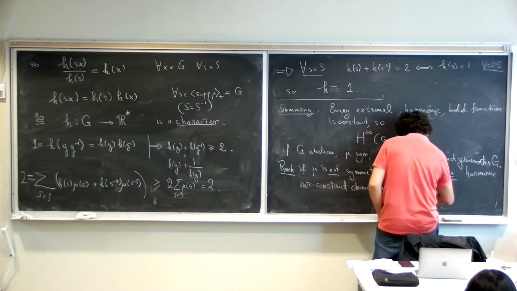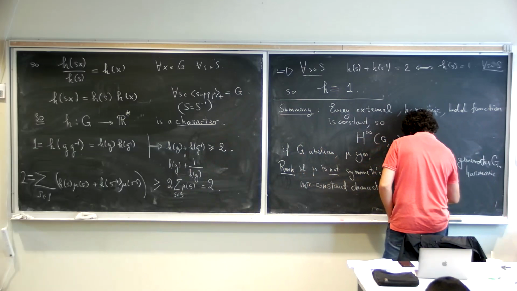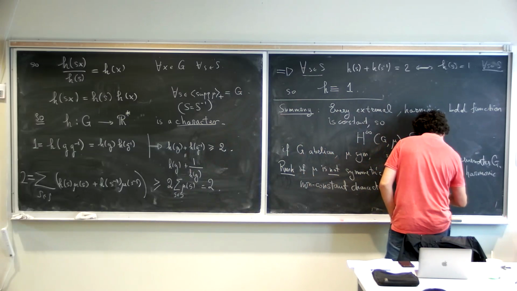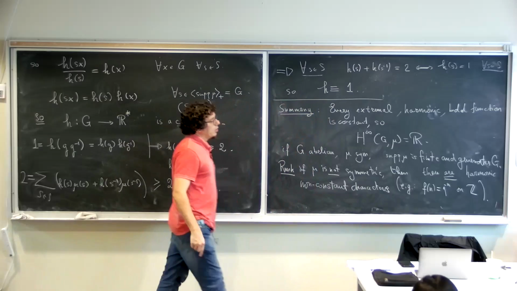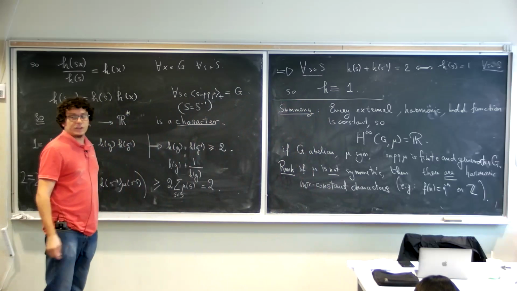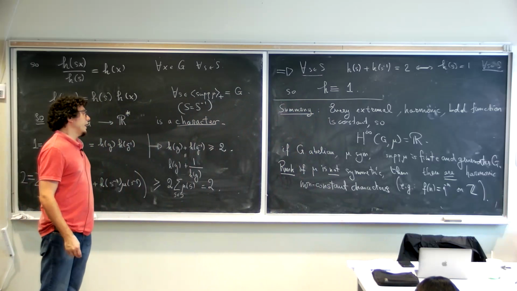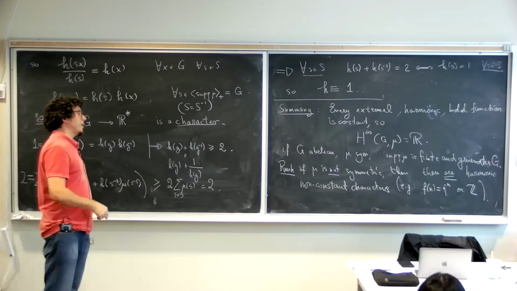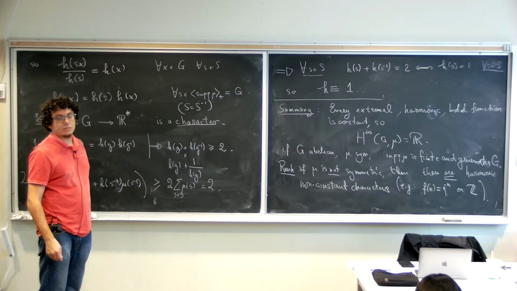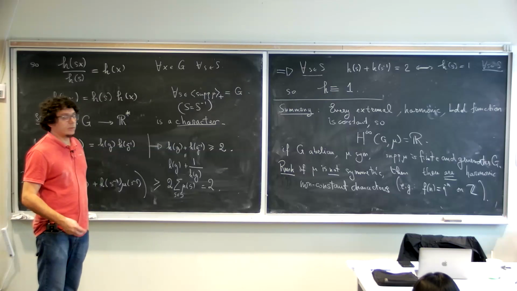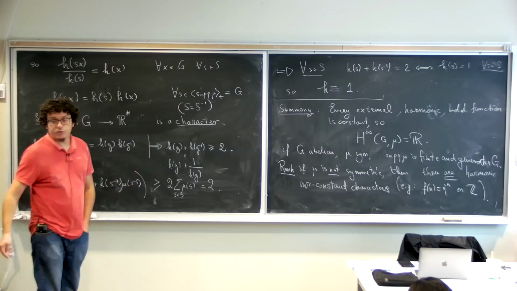And again, we saw the example: if we do f of n equals q to the minus n on Z. That's an example. It's a character, obviously, and it's harmonic with respect to a certain measure. So it's possible, but this one would not be bounded.